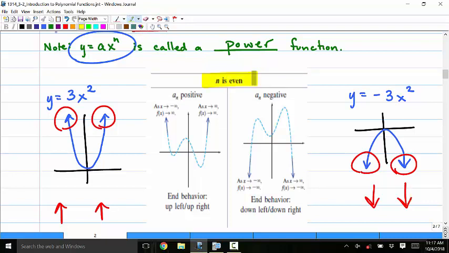If n is even, so the power, the degree of the polynomial is even, the end behavior is going to be the same. It's either going to be up, up, or down, down. How do I say that? Even degree polynomial.